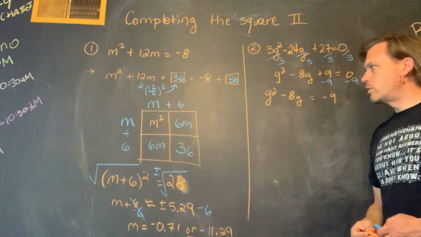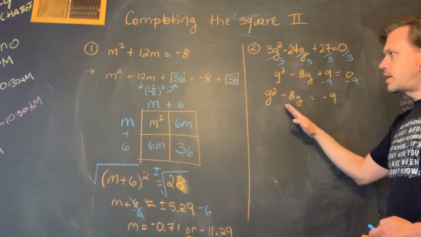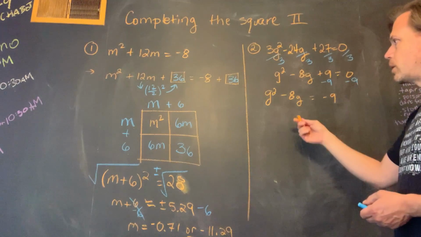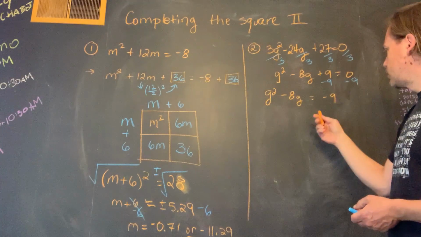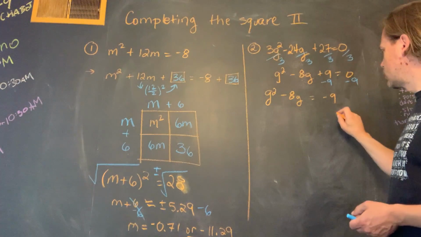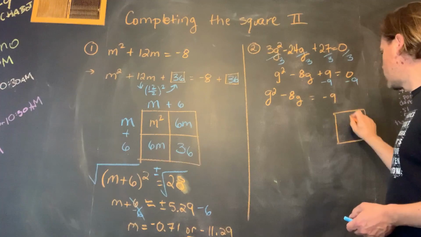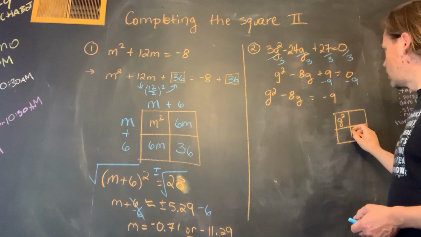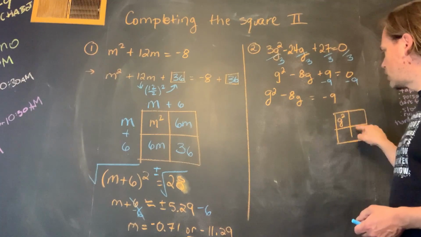And I need to figure out what I can add to both sides of this equation to make this a perfect square. Well, you could make this box again and figure it out. Do that really quick. So I'll put a g squared here. We don't know this term here.